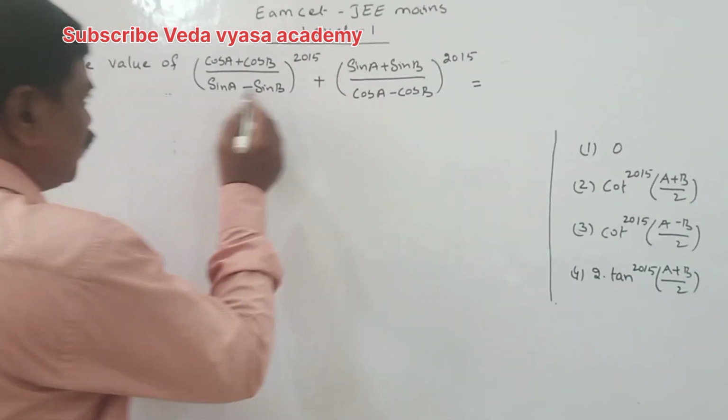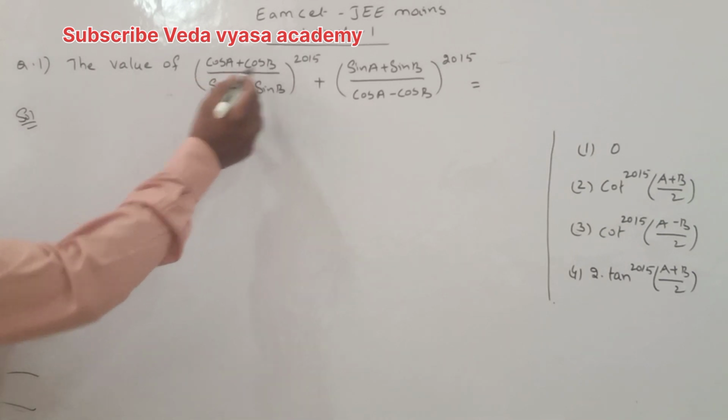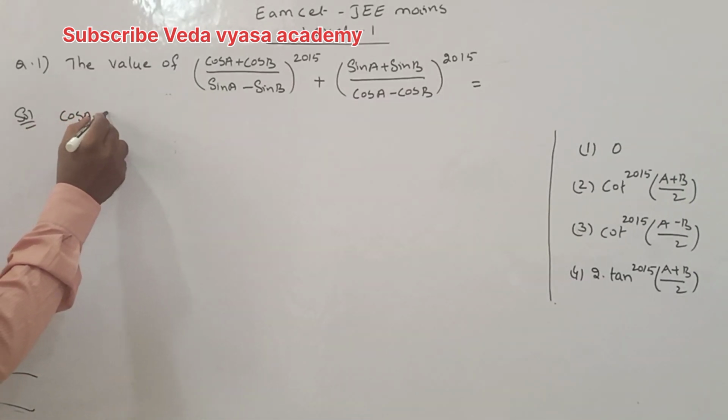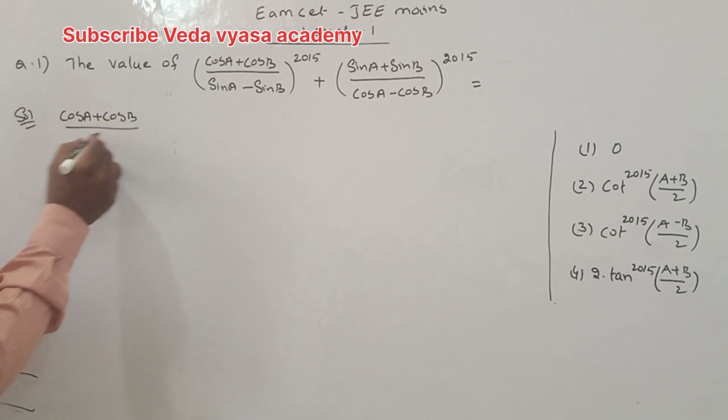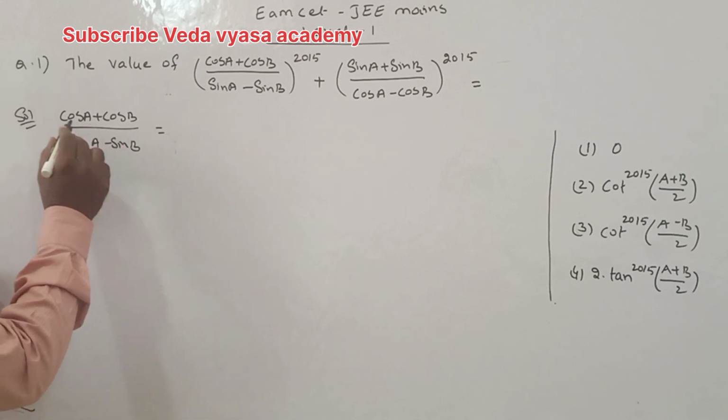So from this one, take the first term: cos A plus cos B by sin A minus sin B is equal to what?